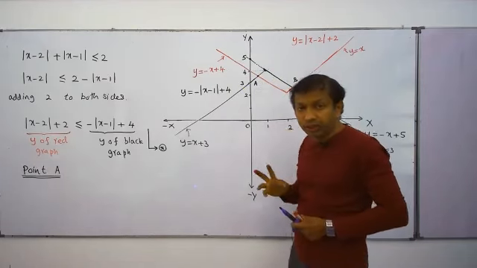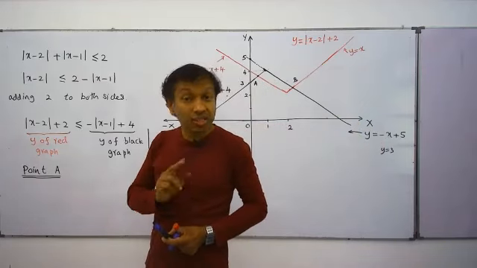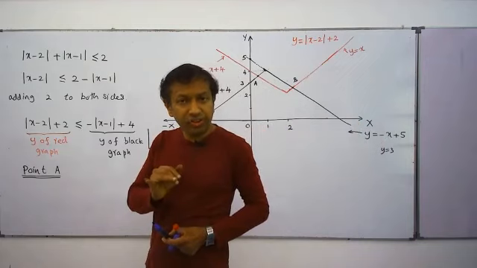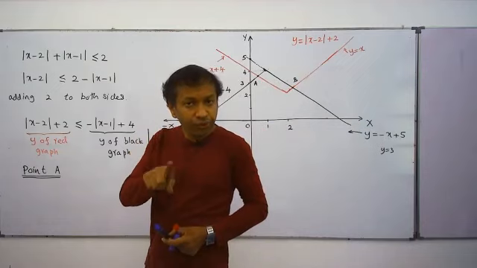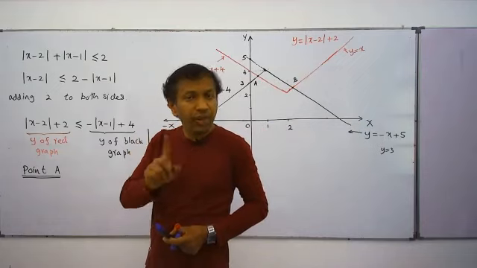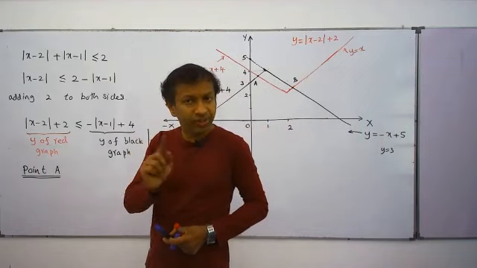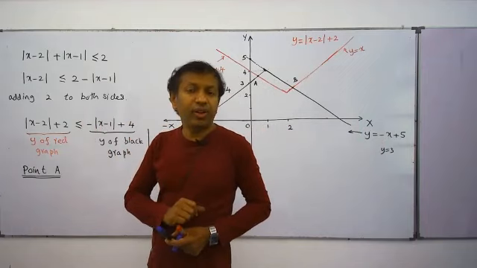By solving the two equations simultaneously, we can find both x and y. The x gives the x coordinate at that point, and y gives the y coordinate. But in this case, to answer our question, we need only the x coordinate. Let's find only the x coordinate.